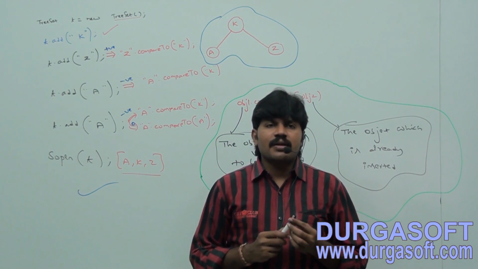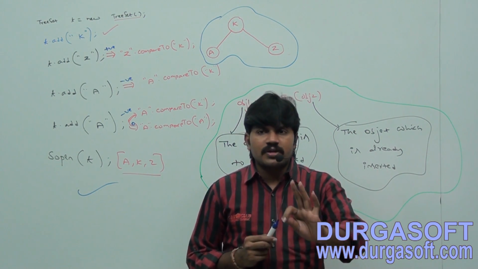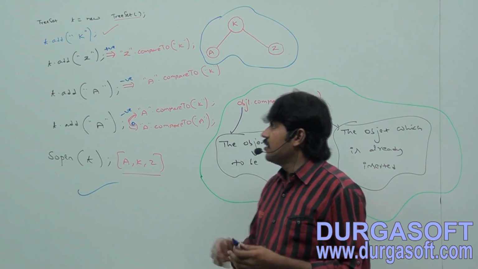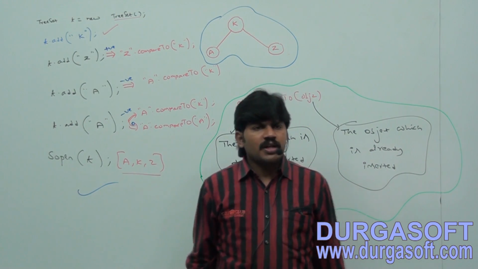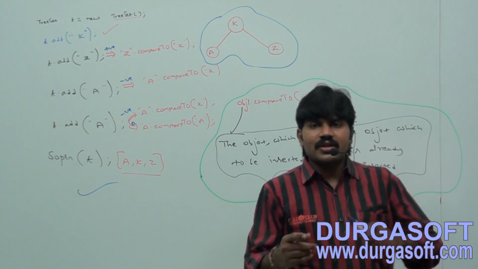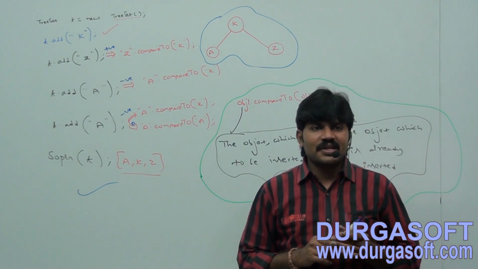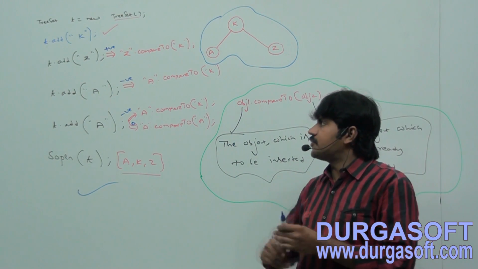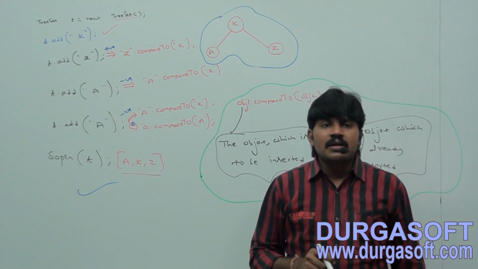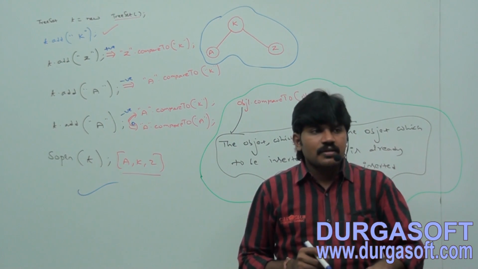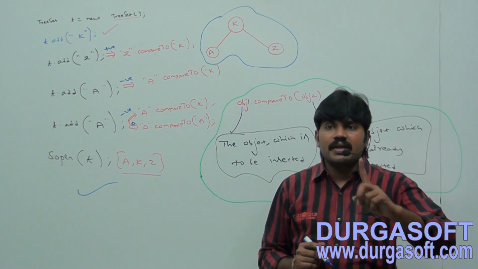Or if we are not satisfied with the default natural sorting order, for example, you are inserting based on alphabetical order but I don't want alphabetical order, I want reverse of alphabetical order. Are you getting? Then we can go for customized sorting by using the Comparator concept.